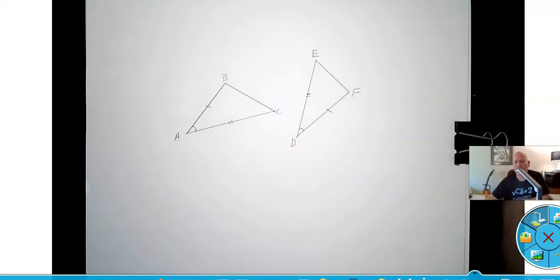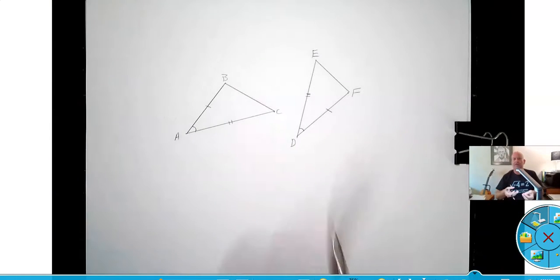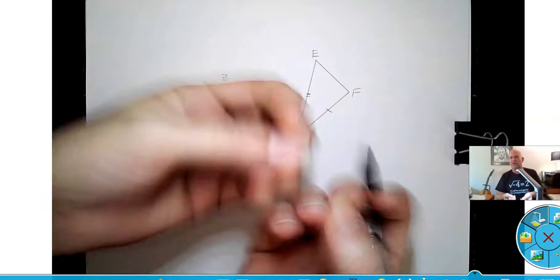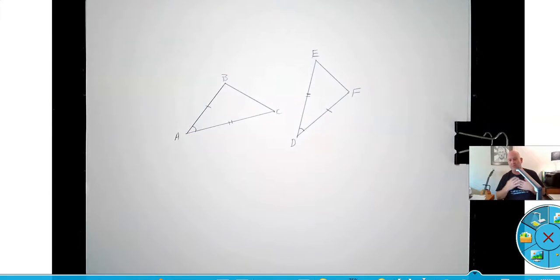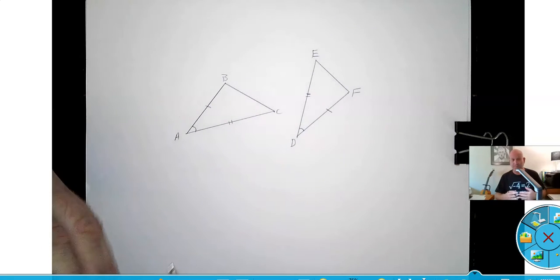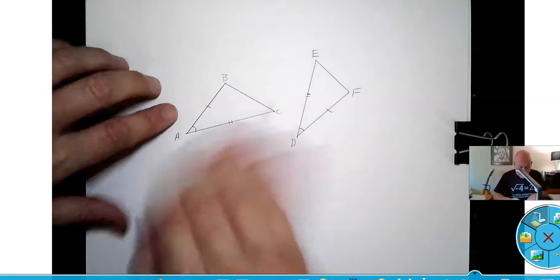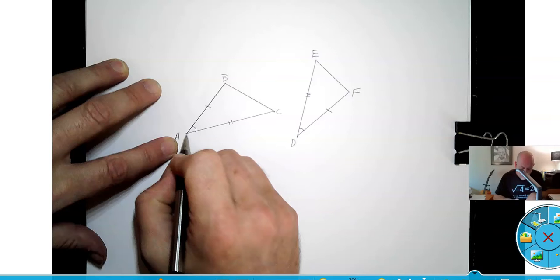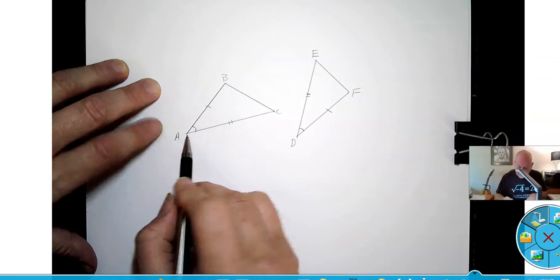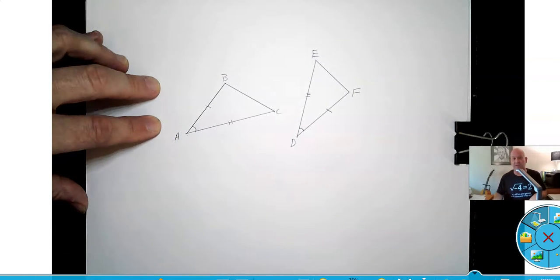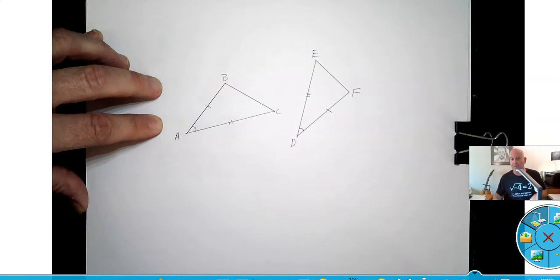Okay, so let's work the process backwards now. Because once we show two things are congruent, we also need to be able to write them in a way that conveys all of their congruences. So it's the correct congruent statement because there's actually quite a few congruent statements for triangles. So let's see what we have here. First of all, we have to decide whether this is enough information for us to be congruent.